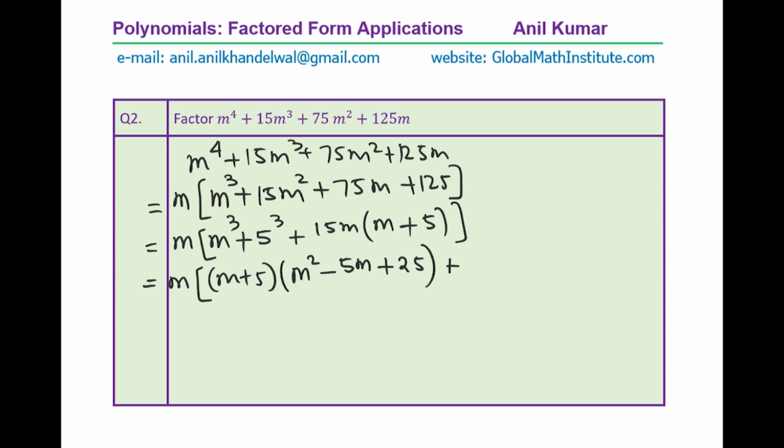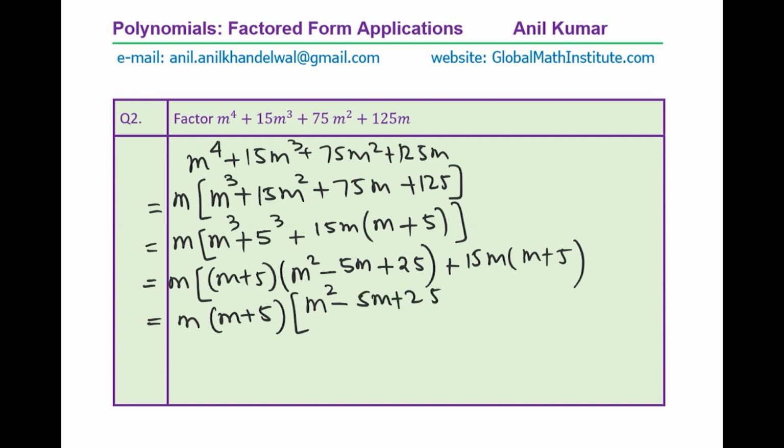And here we have 15m times m plus 5. Now m is common and m plus 5 is also common. So m is already outside. We'll take m plus 5 also as common now. In that case, what remains here is m squared minus 5m plus 25 plus 15m.